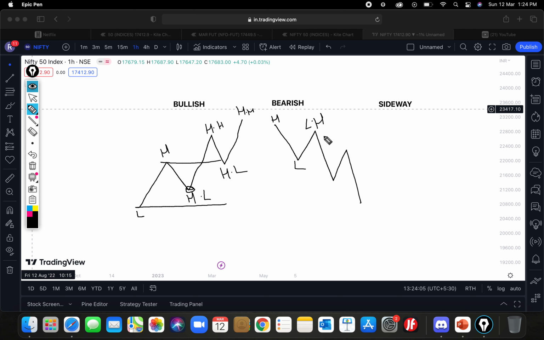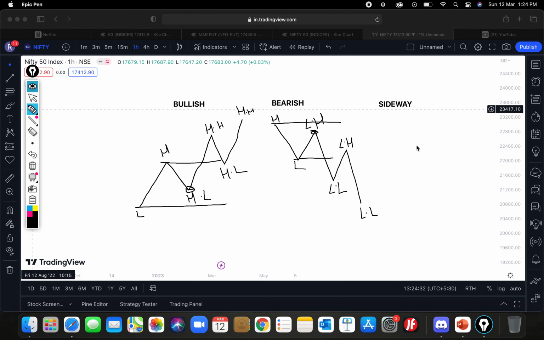Lower high is nothing but the market could not break these particular levels and again it fell down, breaking the lows. So this is called a lower high, while this is called a lower low, again a lower high, again a lower low. So this is called a bearish order flow, creating lower lows and lower highs.